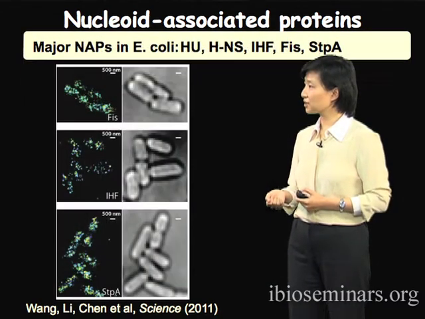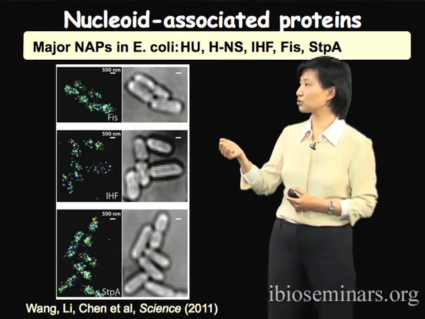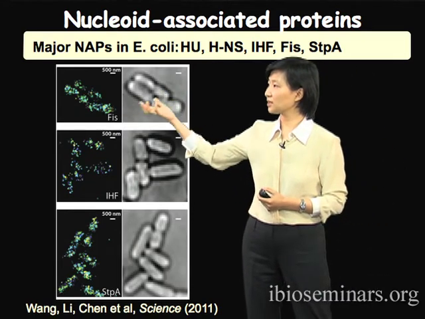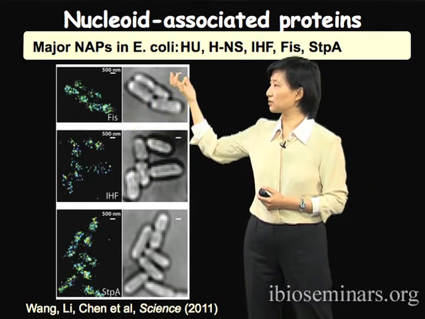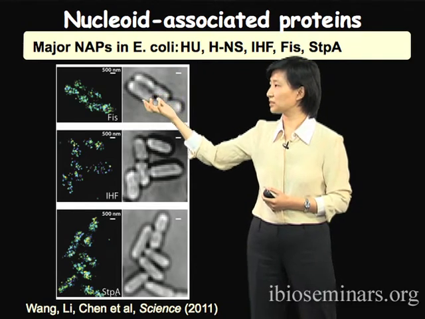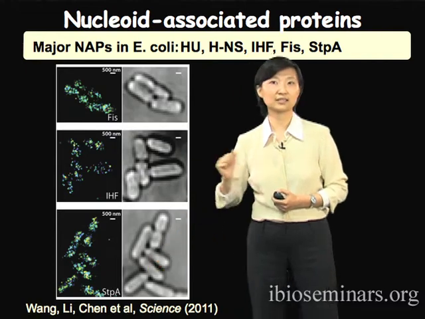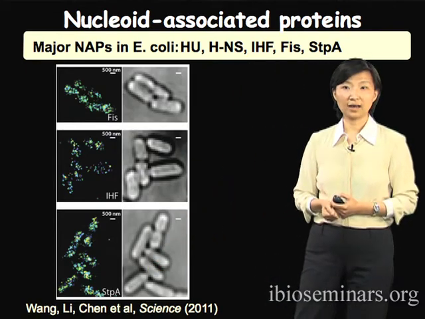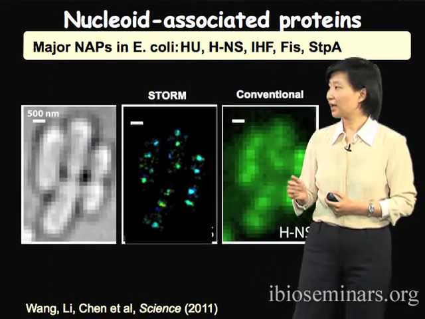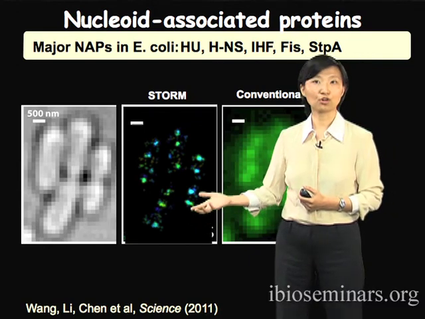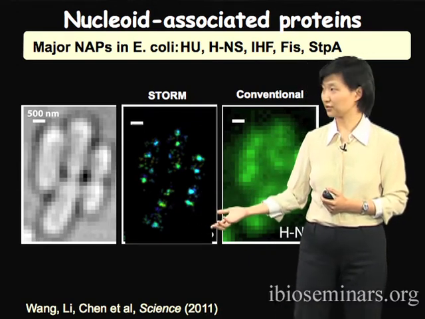And this is also found to be true for these other NAP, or nucleoid-associated proteins, like FIS, IHF, and StpA. In contrast, HNS distribution looks drastically different.